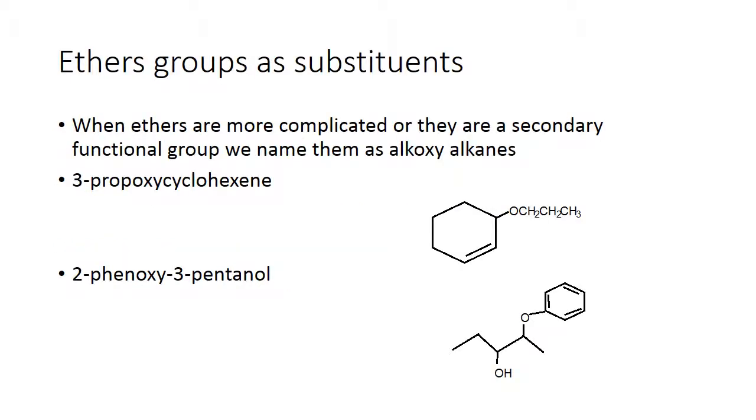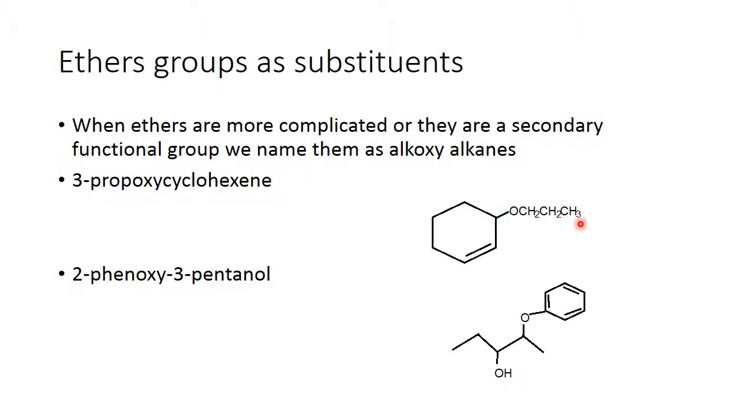When ethers are more complicated, what we do is we name the ether group as a substituent. And so these are then named as alkoxyalkanes. Let's look at this first one as an example. If we look, the principal chain, the longest chain, is actually going to be the cyclohexene group. So we're going to name this as a cyclohexene, and then this ether portion we're just going to name as a substituent.